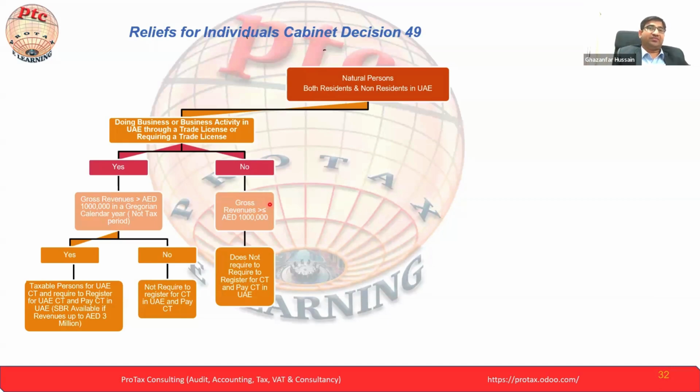One is wages and salaries; there is no corporate tax on that. Then there are personal investments and real estate. Real estate, if he is doing it without a trade license, whatever the income or revenue, million or trillion, will not fall under the corporate tax threshold or compliance.